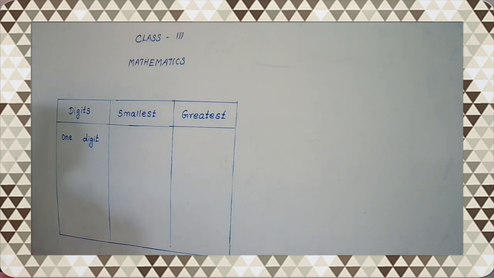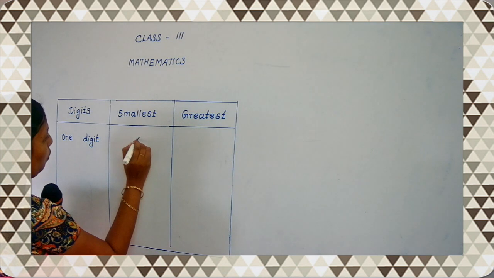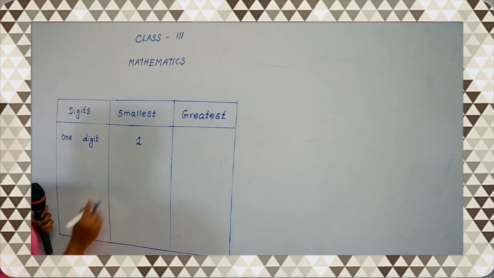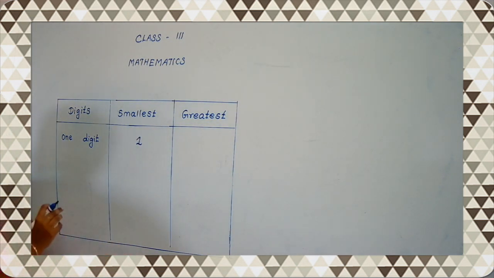D-I-G-I-T, 1 digit. Now we see which one is the smallest 1-digit number. The smallest 1-digit number is 1.